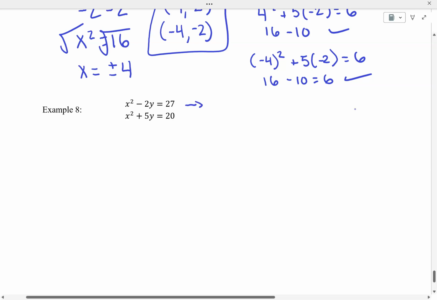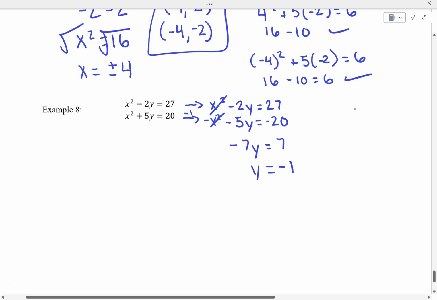So let's keep the top. Let's multiply the bottom by the negative 1. So negative x squared minus 5y equals negative 20. Those cancel. Negative 7y equals 7. So y equals negative 1.